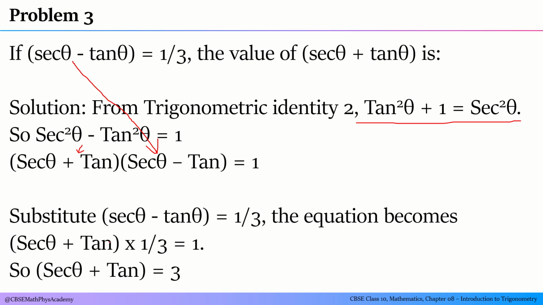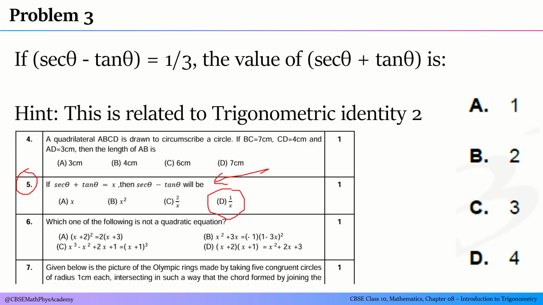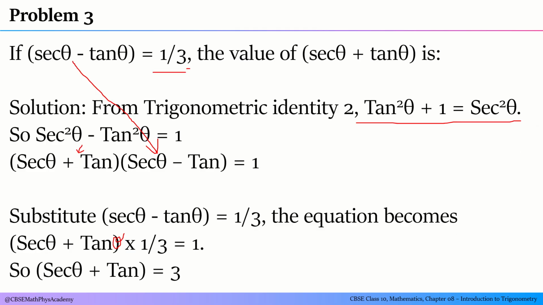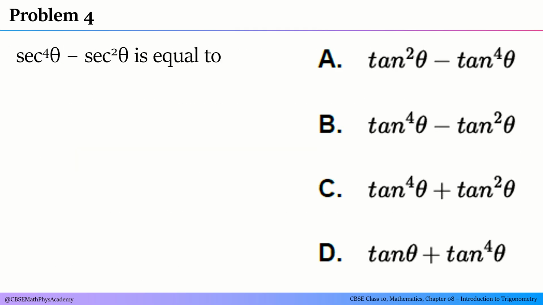So (sec theta plus tan theta) into 1 by 3 is equal to 1. You get the value of secant theta plus tan theta as 3. It is going to be an inverse relationship. If it is 1 by 3 here, it is going to be 3. If it is x here, it is going to be 1 by x, like in the sample problem. So they share an inverse relationship. These are very easy to solve.